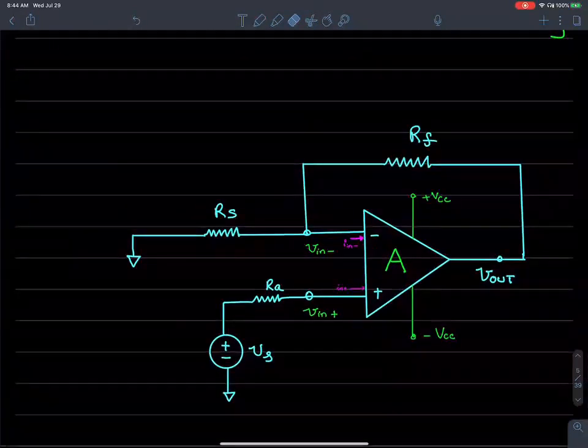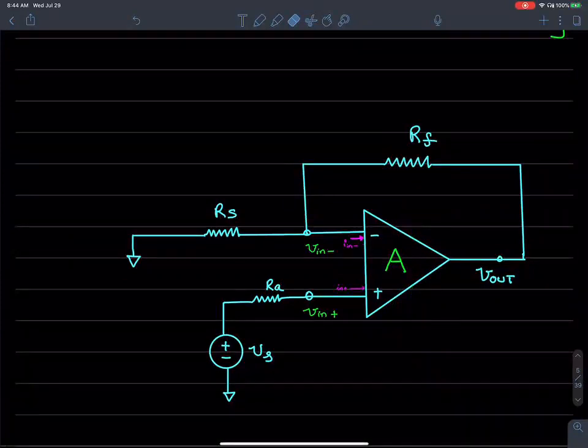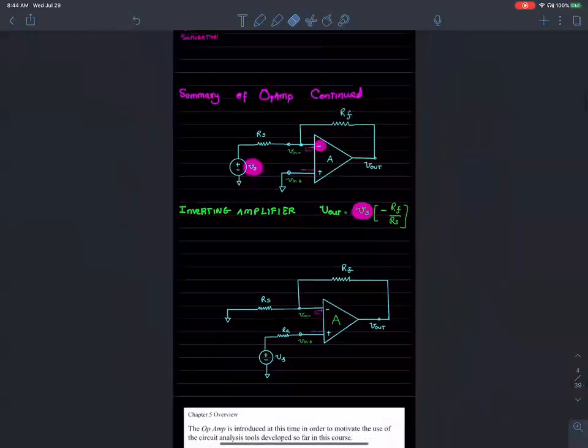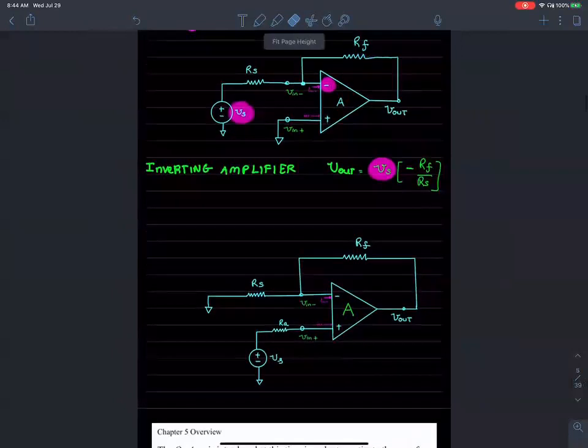And I'm not going to show the power supplies explicitly. I'll just imply them. The main difference between the inverting and non-inverting configuration is that the input signal, if it is tied to the negative terminal, then we call it an inverting amplifier.